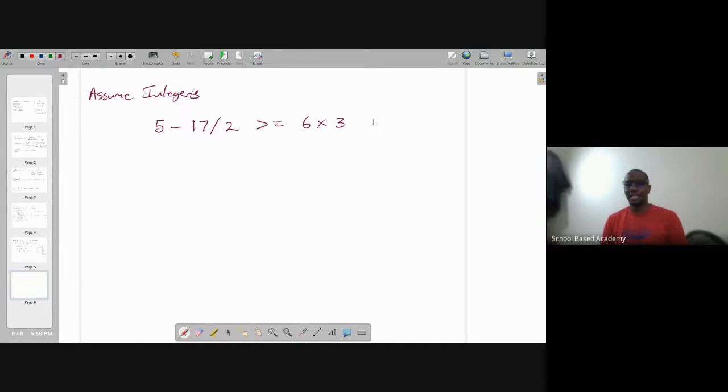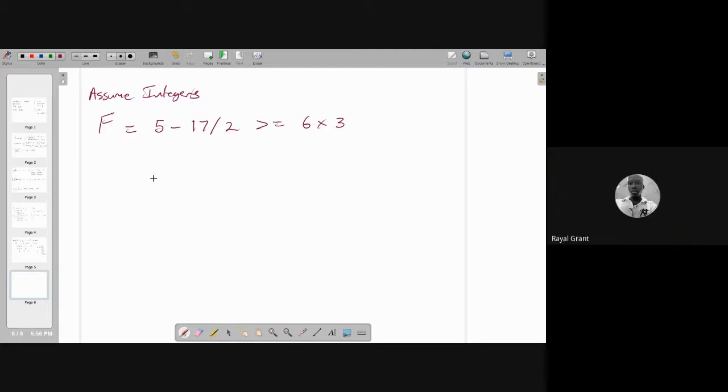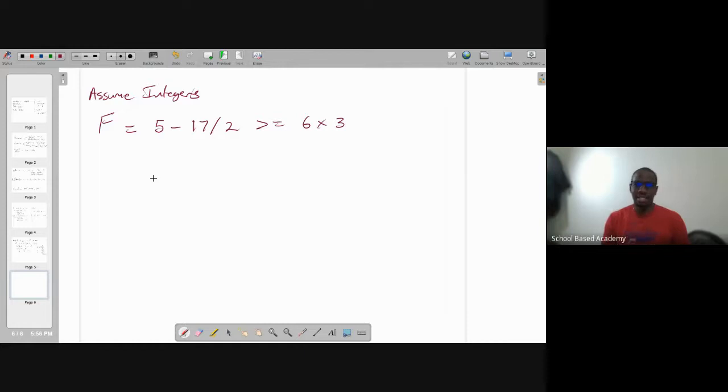Let's attempt this. We have some mixed signs inside of here. Well, what is this going to be? If we say f is equal to 5 minus 17 divided by 2, which is greater than or equal to 6 multiplied by 3, what are we going to get as a result in f? False. I believe that is going to be false.